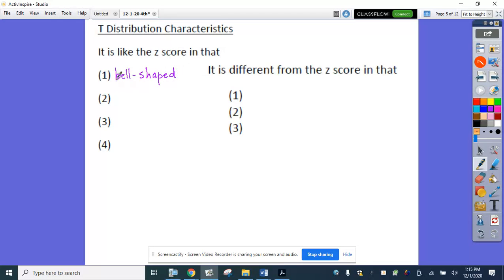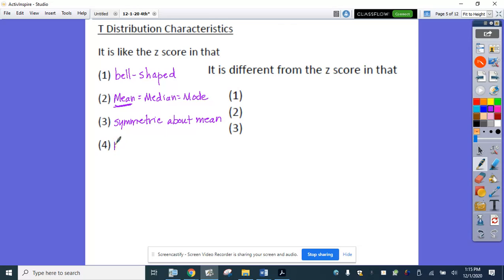Okay, it is a curve where the mean and the median and the mode are all in the center. But remember, this is the one we're worried about. It is symmetric about the mean. In other words, there's the same distance to the left and to the right of the mean.